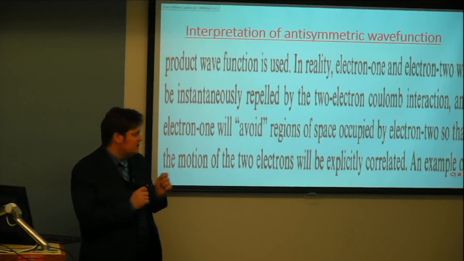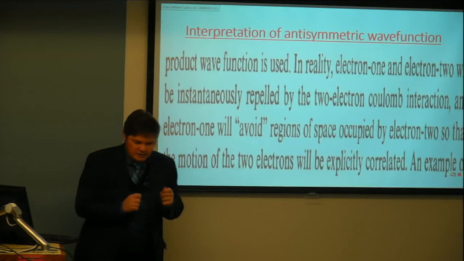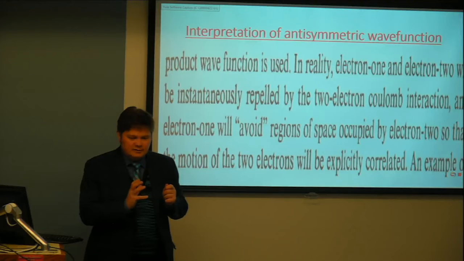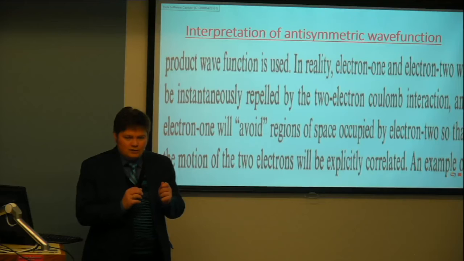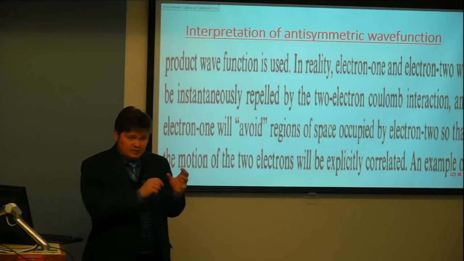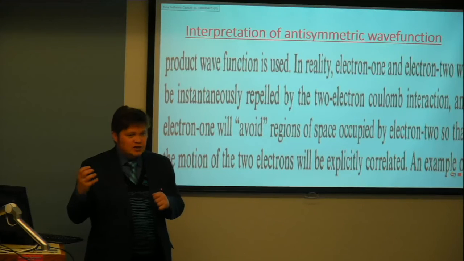So through this informal discussion, there is an idea that they are not independent. The shape of the orbital where the first electron is sitting depends on the shape of the orbital where the second electron is sitting.